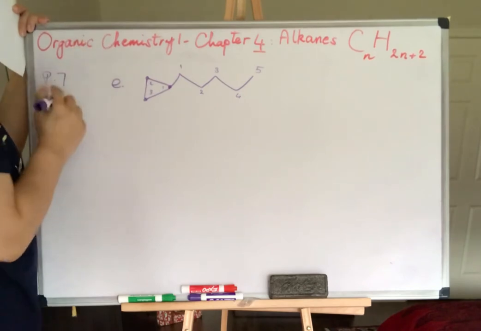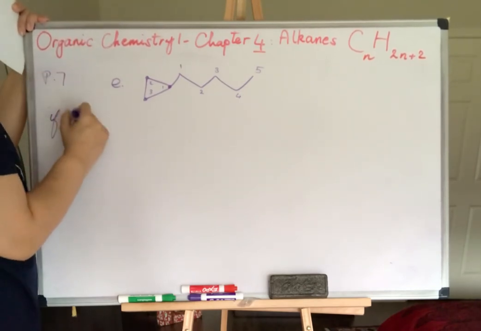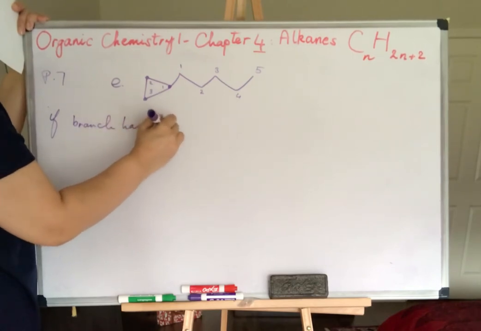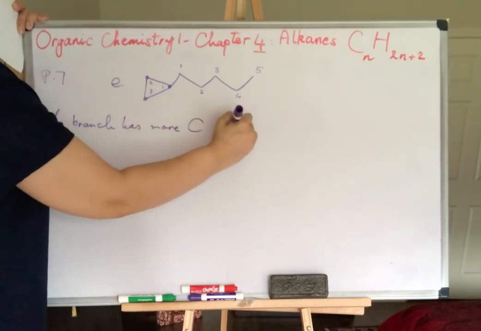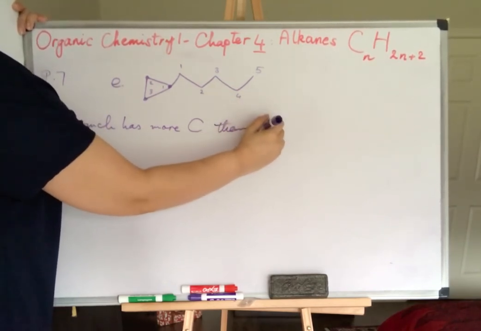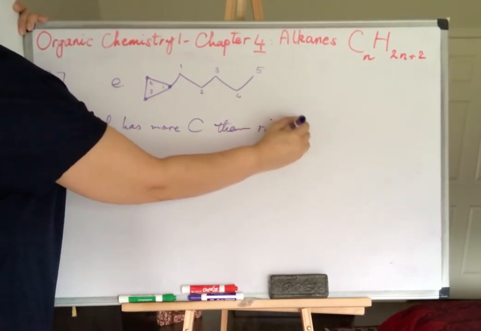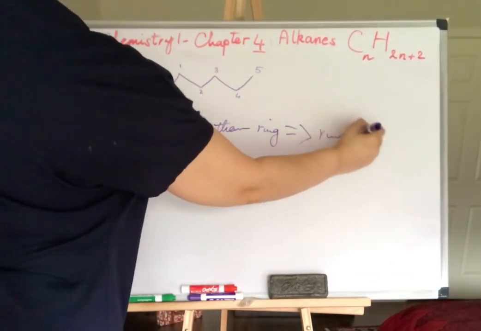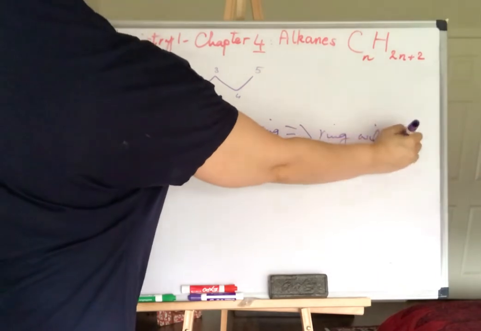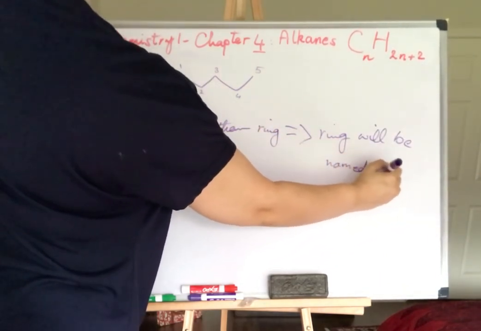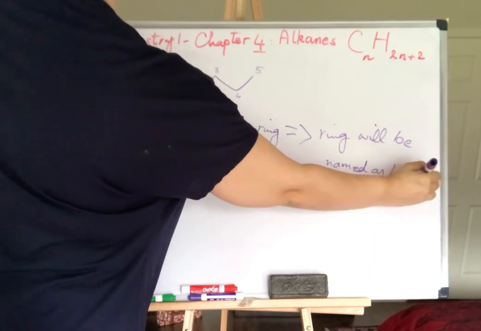Learn a new rule. If branch has more carbons than ring, then ring will be named as branch. So look how I name it.